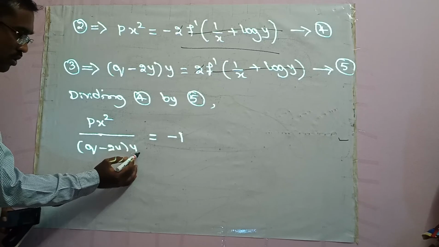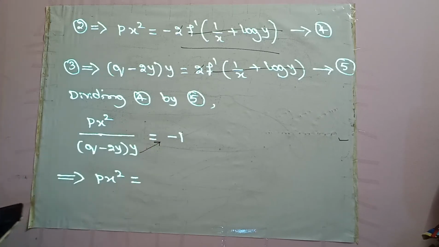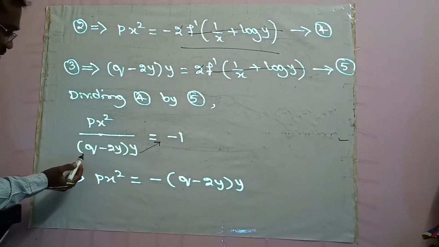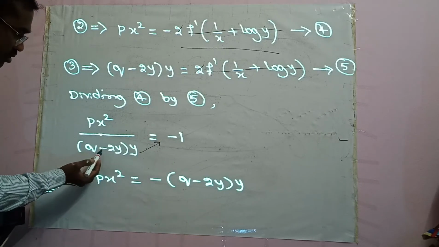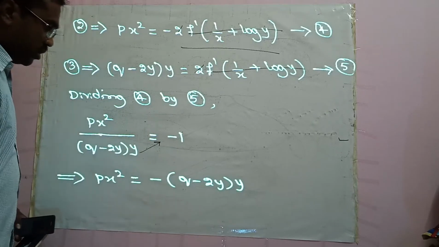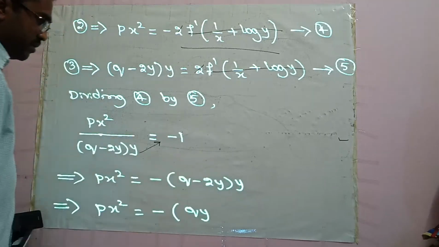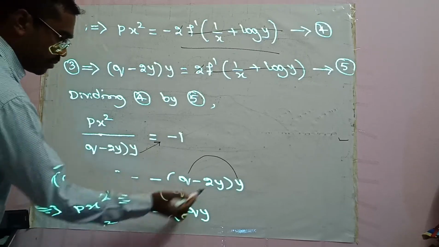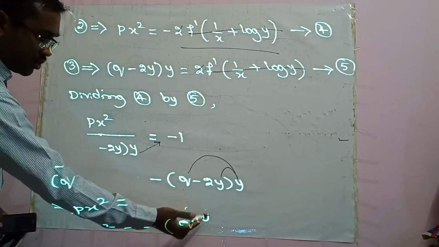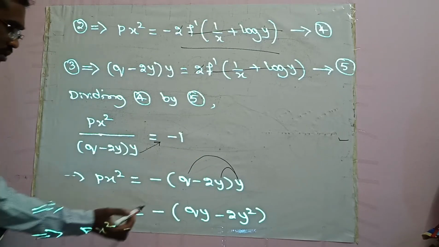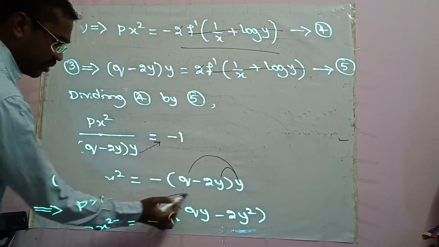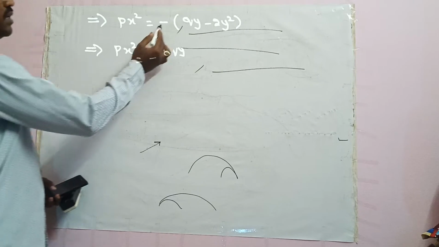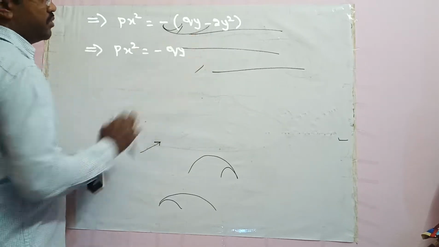Now what we do? We cross multiply this. px square is equal to minus of q minus 2y into y. If you multiply this inside, qy minus 2y square, you can multiply this minus sign also inside. If you multiply the minus sign inside, what you get?